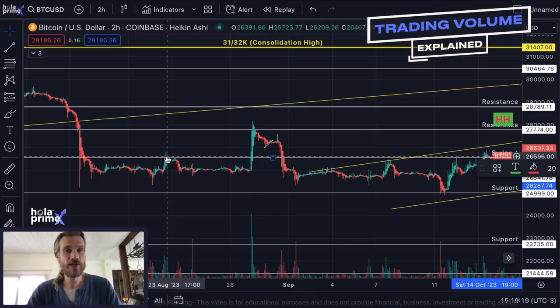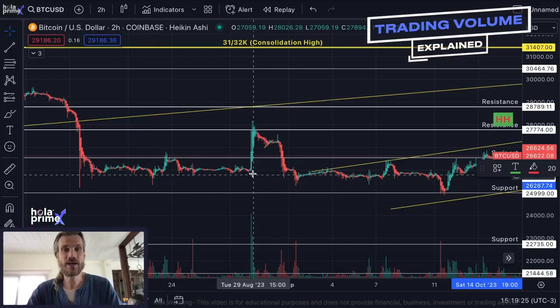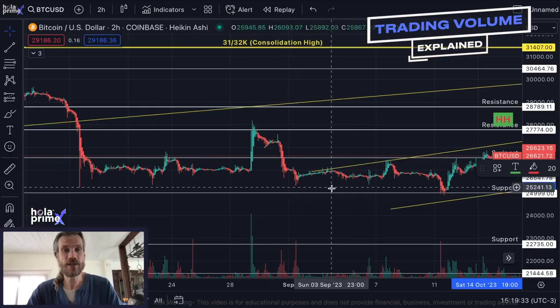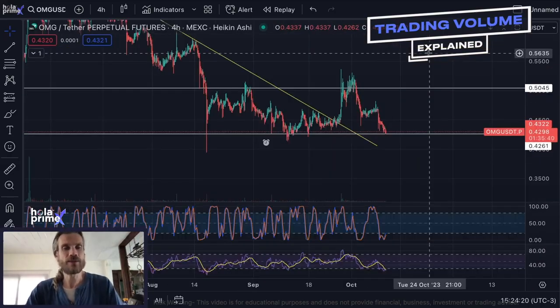So the lack of volume here would have stopped me buying the breakout. The fact that there is significant volume here would have given me the confidence to buy the breakout of this particular level. Now the price action of course rolled over here, but that's an example of how you can use volume to trade.